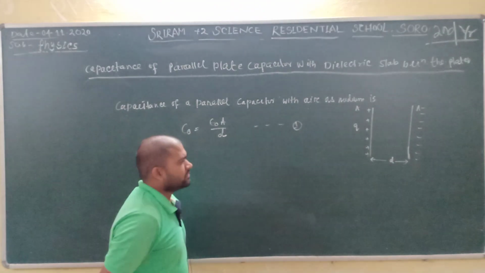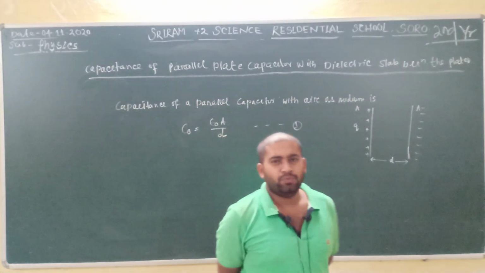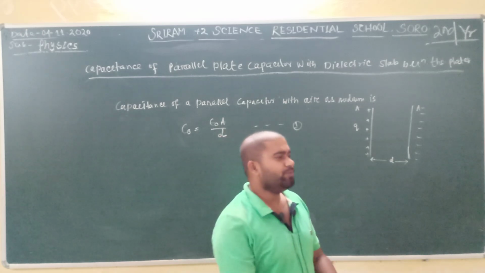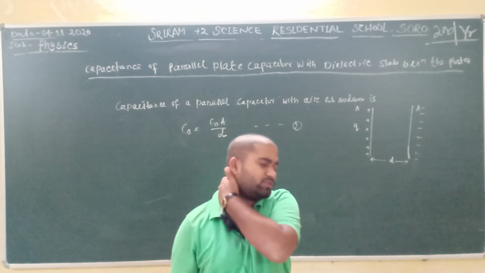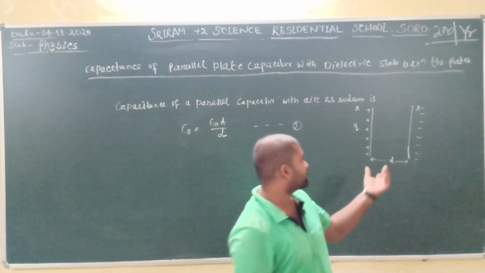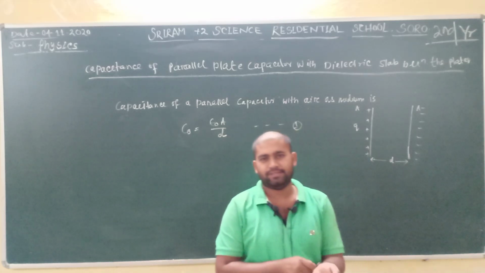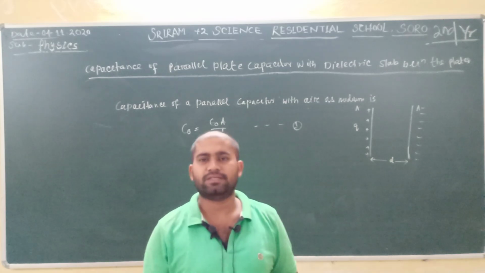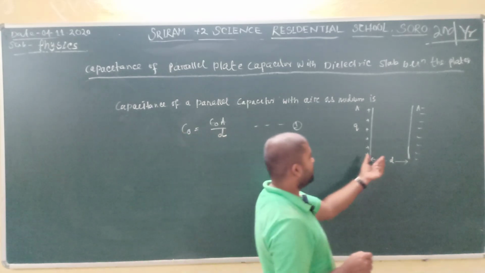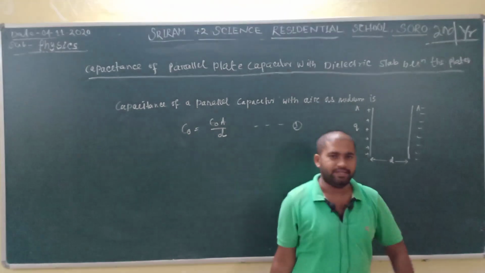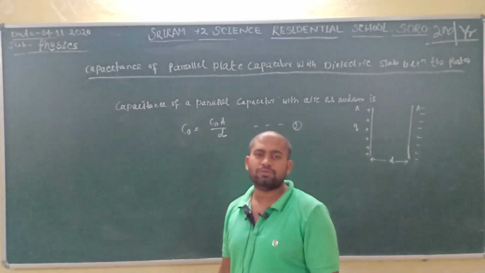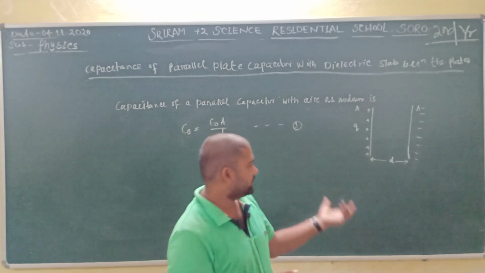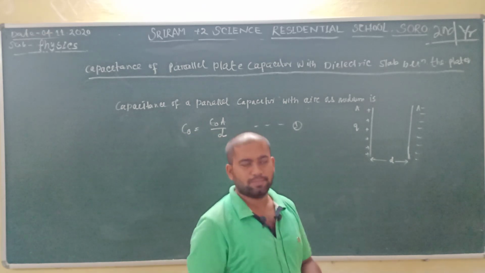Now in the second part, we introduce a dielectric slab whose thickness is first smaller than the distance between the plates. In the first case we consider the thickness of the dielectric slab to be less than the distance between the plates. In the later case we will consider the thickness equal to the distance between the plates, and see what happens to the capacity.